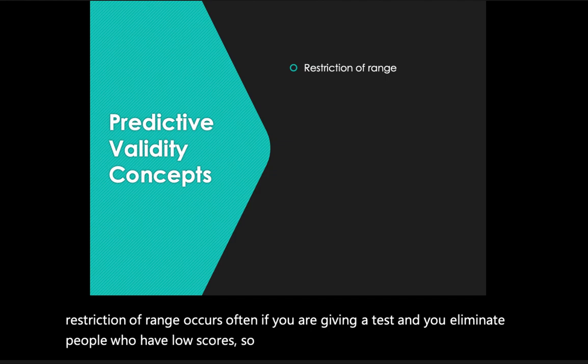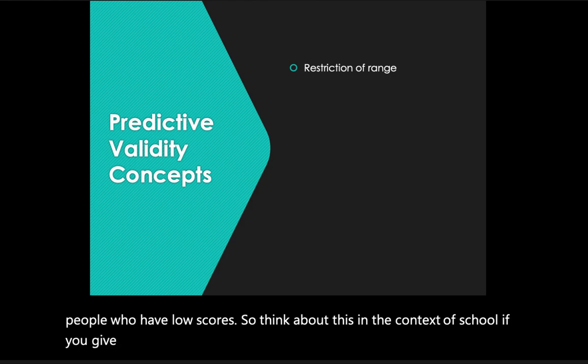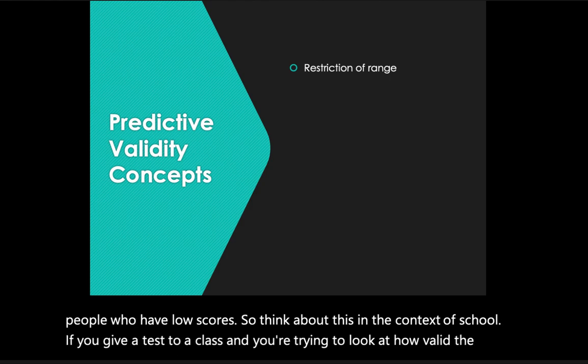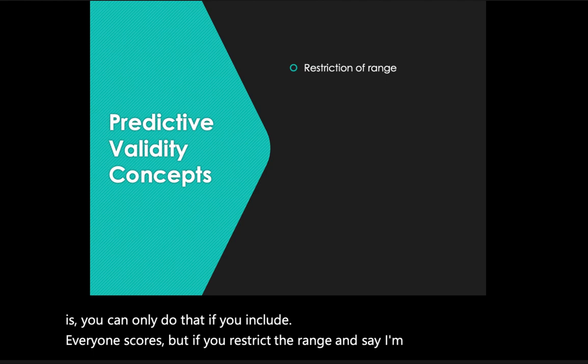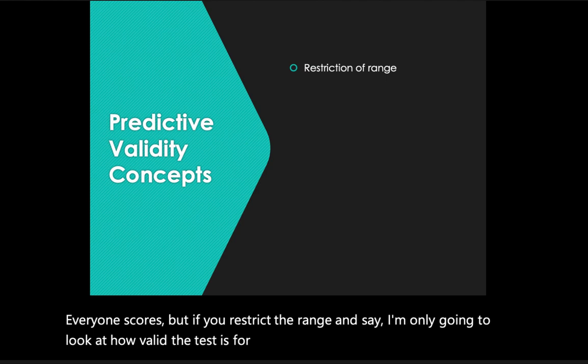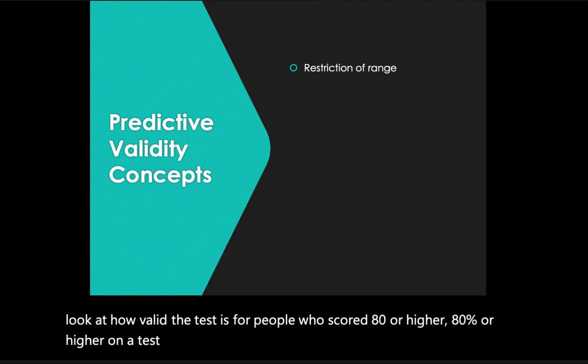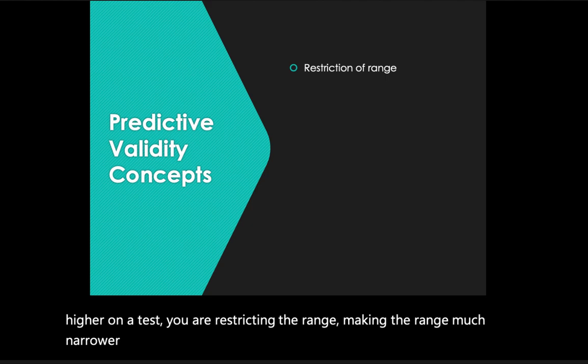So think about this in the context of school. If you give a test to a class and you're trying to look at how valid the test is, you can only do that if you include everyone's scores. But if you restrict the range and say, I'm only going to look at how valid the test is for people who scored 80% or higher on a test, you are restricting the range, making the range much narrower, which reduces the validity coefficient for that test.